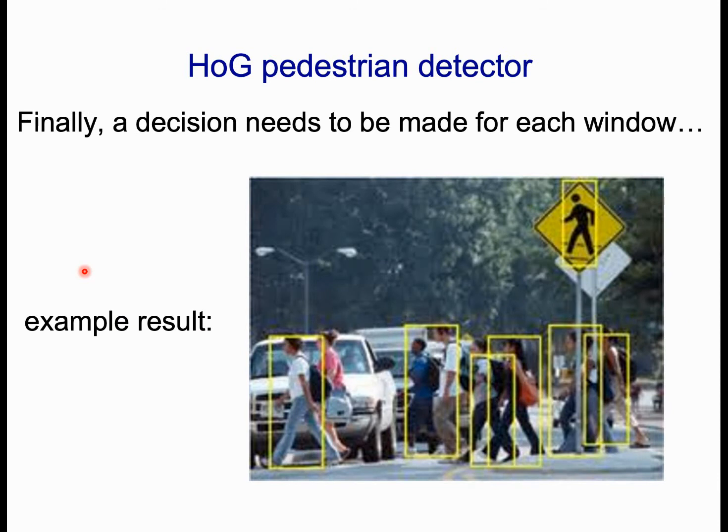And indeed, there are quite successful detection methods that use HOG representations, so histogram of oriented gradient representations, for various applications. For instance, here we see a result for pedestrian detection. And detection here is obviously made for each window of different sizes. We see that in certain cases it's extremely successful.